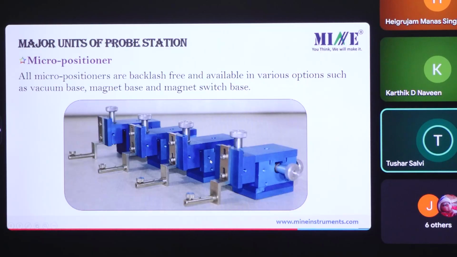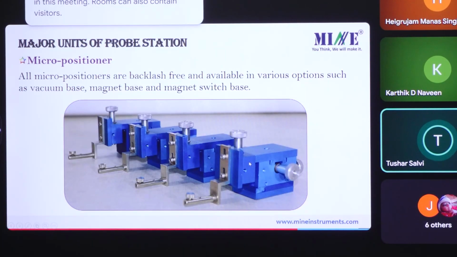Apart from that, as I described, we do customization in micropositioners. We have a standard micropositioner from 100 micron to 1 micron of resolution. If you want 1 micron resolution, we can provide it.